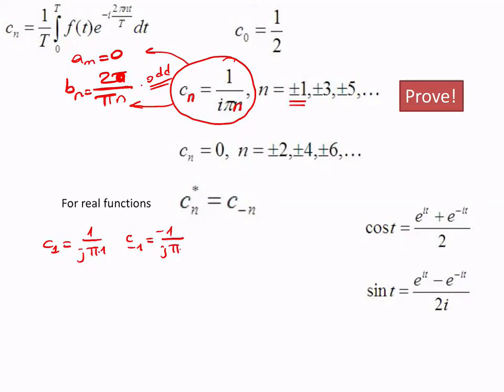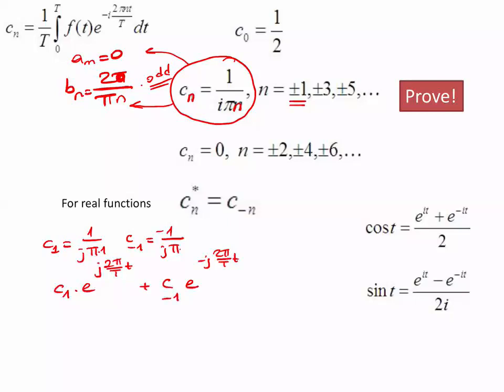Now if I write it like that, C1 times e to the power j 2 pi t over T is one component, and C minus 1 e to the power minus j 2 pi t over T is another component.